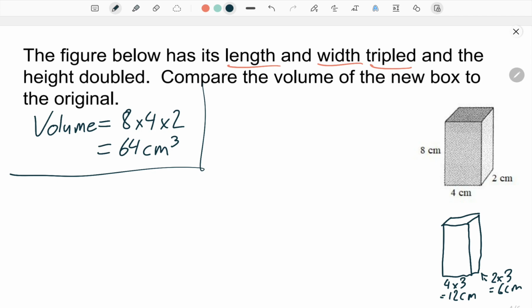And the height, well, the height is doubled. So going up and down, 8 times 2, that's going to be equal to 16 centimeters. So let's go ahead and find, I'll write it as the new volume. So the new volume, that'll be 16 times 12 times 6.